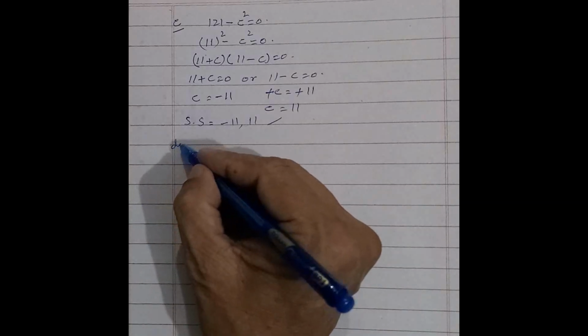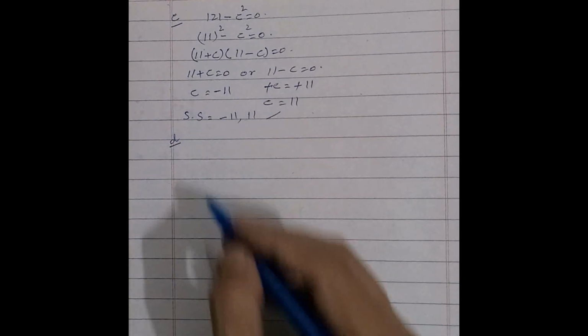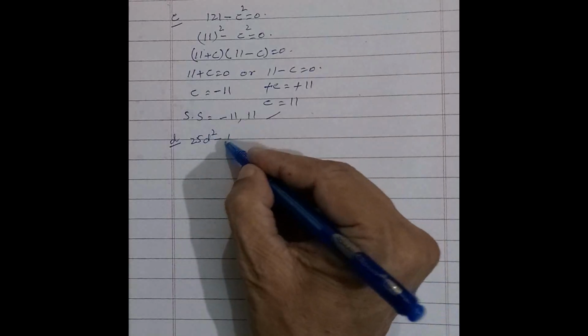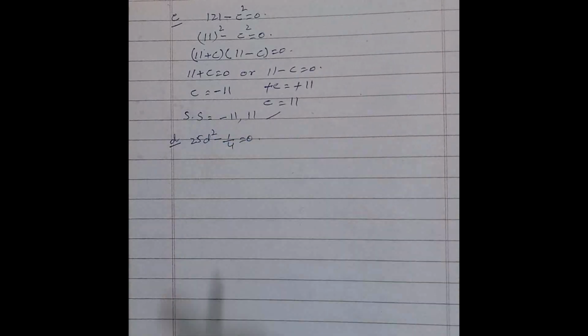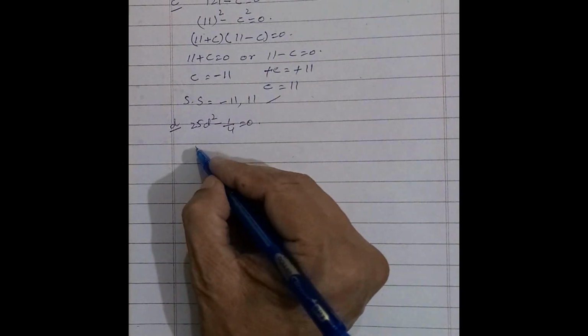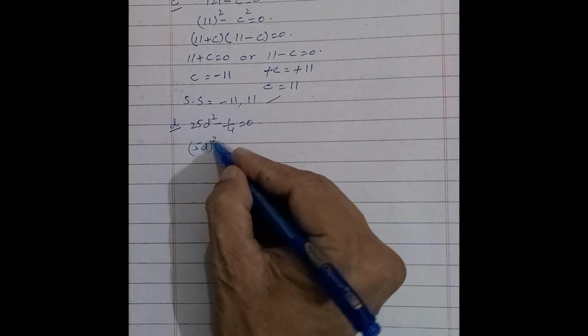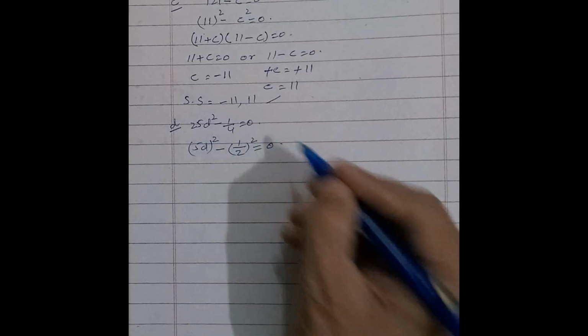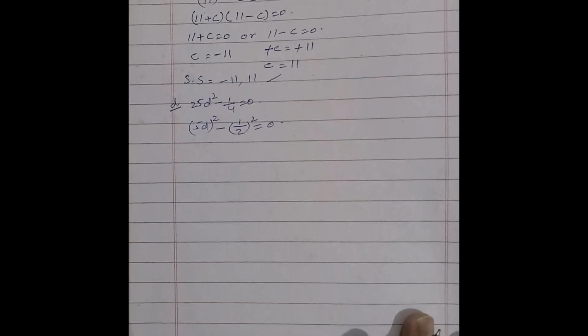Next, the D part is 25d square minus 1 over 4 is equal to 0. Convert them into squares and take the square root of the values. 5d whole square minus 1 over 2 whole square is equal to 0, and apply the formula.